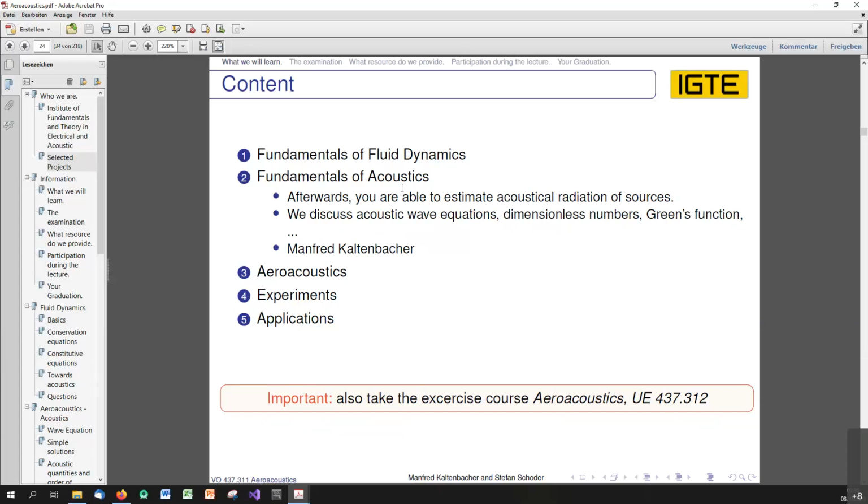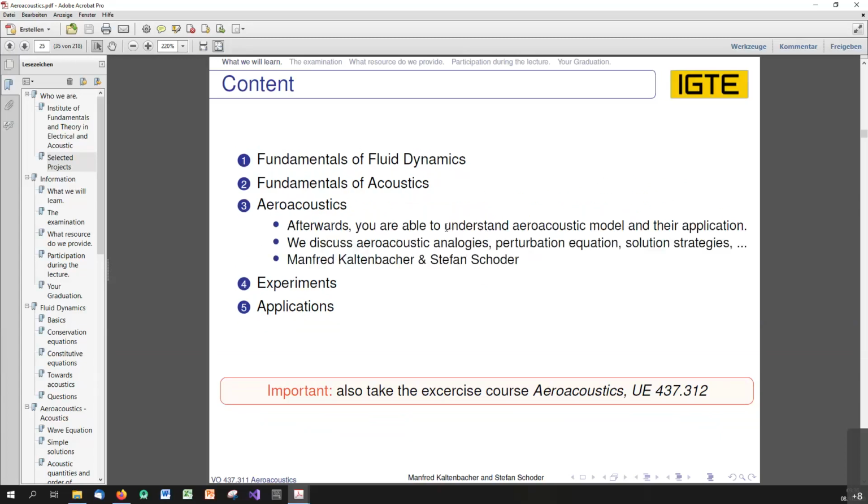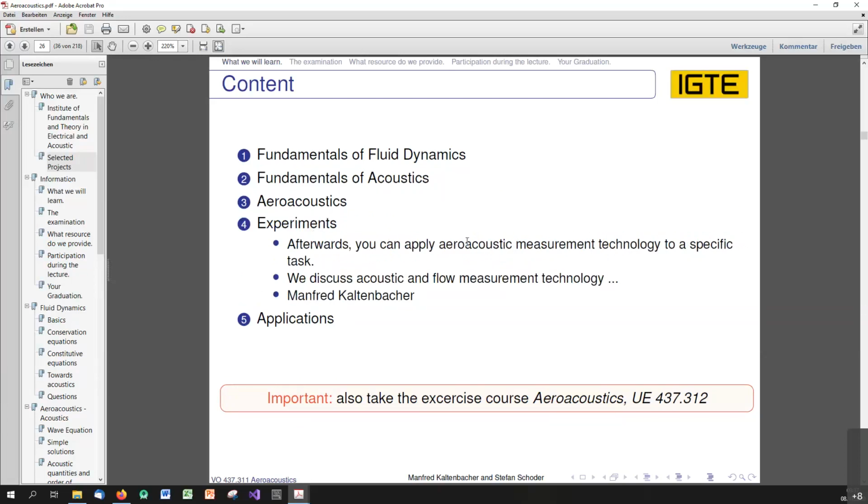Having these two fundamentals, we then go to aeroacoustics, where we learn how aeroacoustic models behave, and we discuss aeroacoustic analogies, perturbation equations, and some solution strategies. Then at the end, we will cover some validation and measurement technology for specific tasks, more from the practical viewpoint.